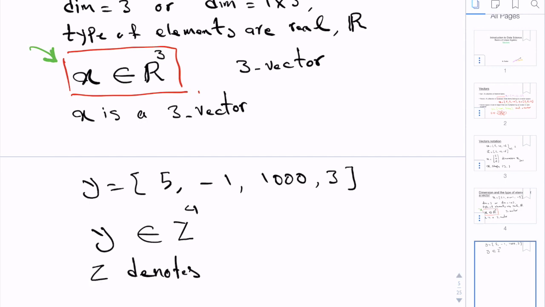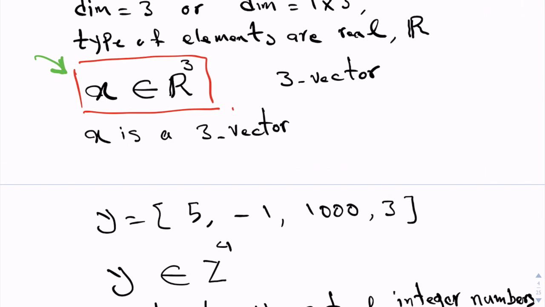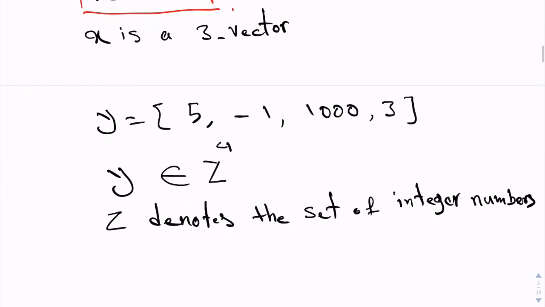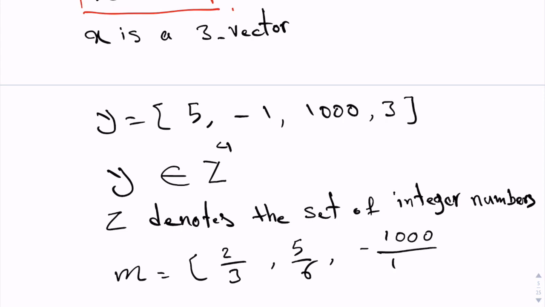We know Z denotes the set of integer numbers. Now consider this vector m, whose elements are 2 over 3, 5 over 6, and minus 1,000 divided by 1,001.